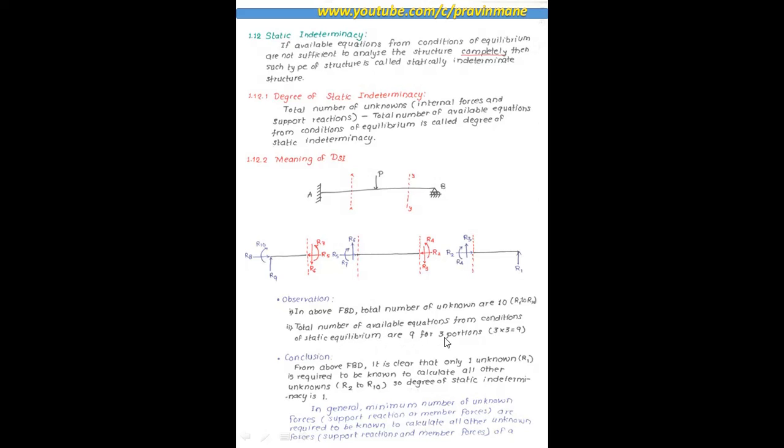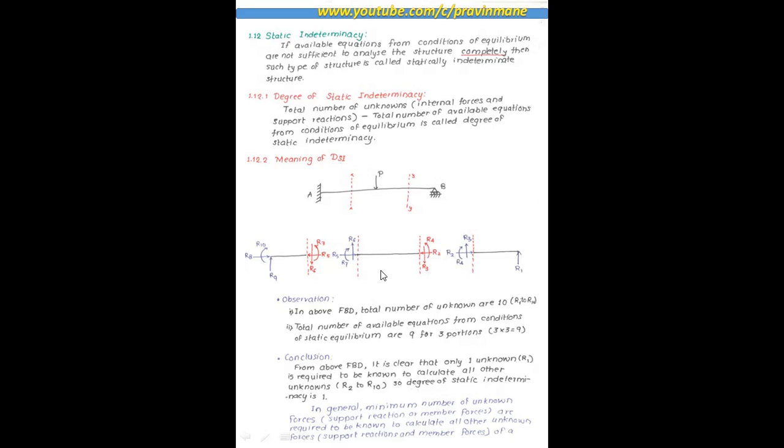There are the first portion, second portion, and third portion. In each portion we have 3 equations of equilibrium, that is summation Fx is equal to 0, summation Fy is equal to 0, and summation moment at that point is 0.